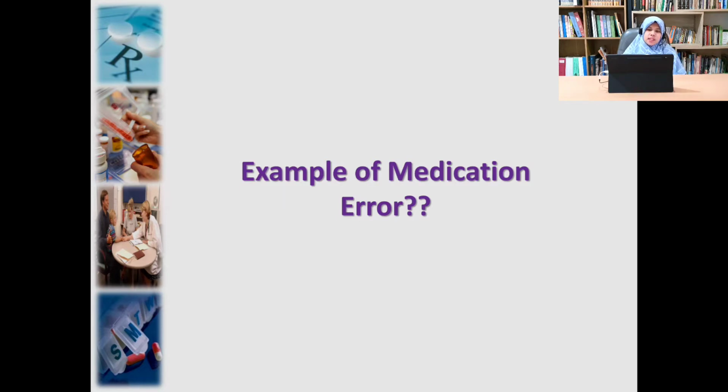Can anyone give me an example of medication error regarding the definition I have explained, where medication error can happen in every step of drug preparation, maybe in the dispensing process or reading the prescription? Please also write your opinion and insight about an example of medication error on your paper. This is the second question. The first question is the differences between medication error and ADR and ADE, and this is the second question. Please give me an example of medication error.